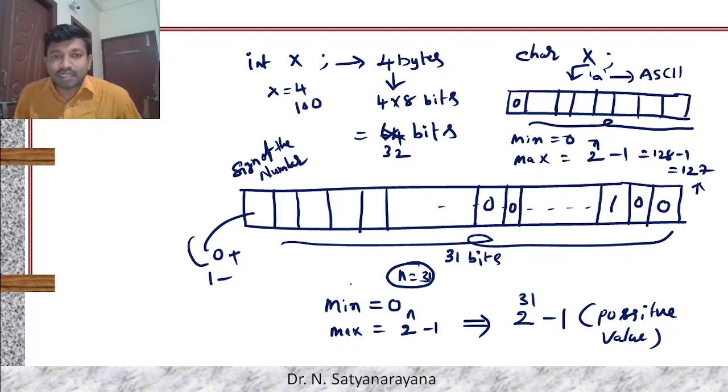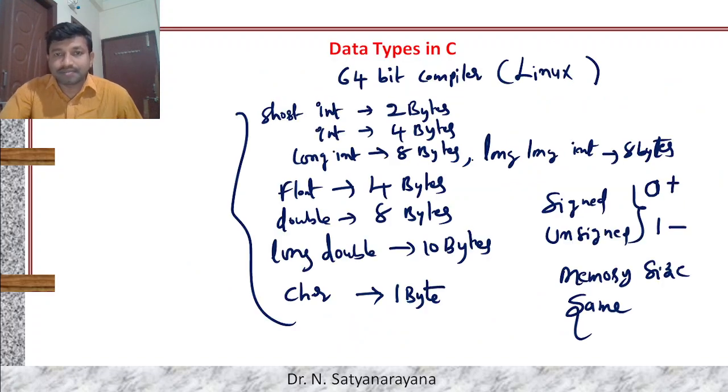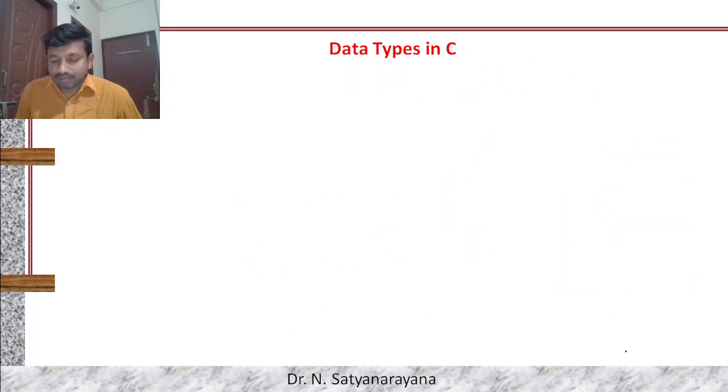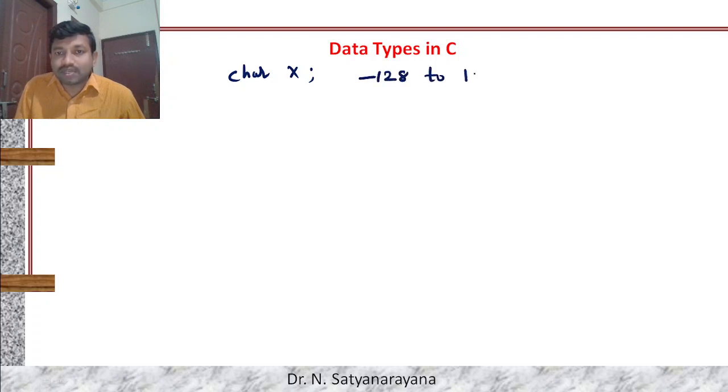And one more point I would like to tell you here is, let me erase this. So one more point is, for a character, for example if I say char x, in textbooks you will find the minimum value is minus 128 and the maximum value is 127.